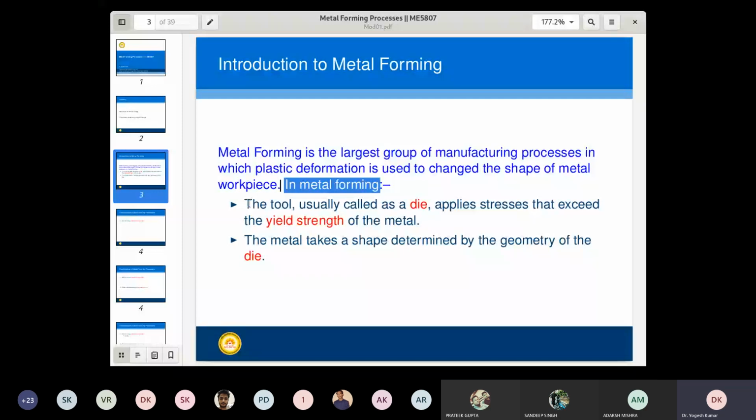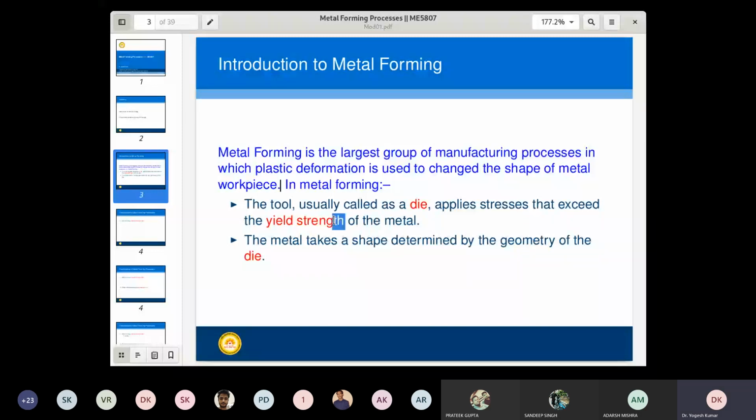These external forces are applied through a tool, and the workpiece is generally kept above or inside the die. And how much force do we need to apply? We have to apply so much force that the stresses induced in the metal workpiece exceed the yield strength of the metal.